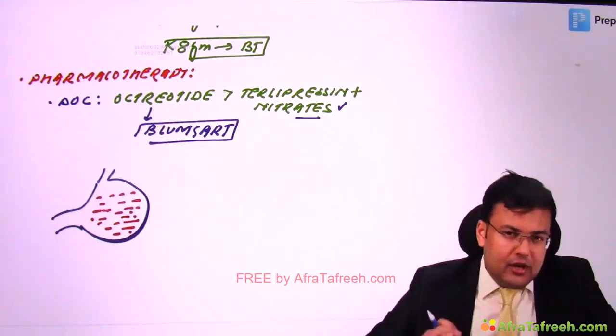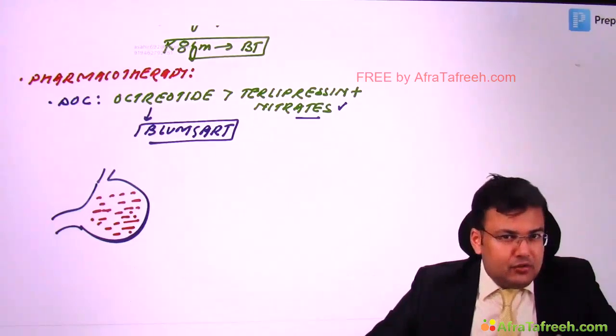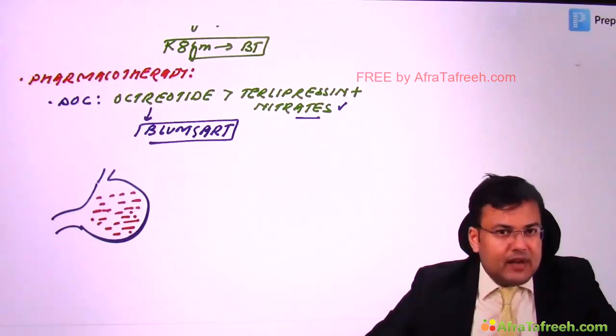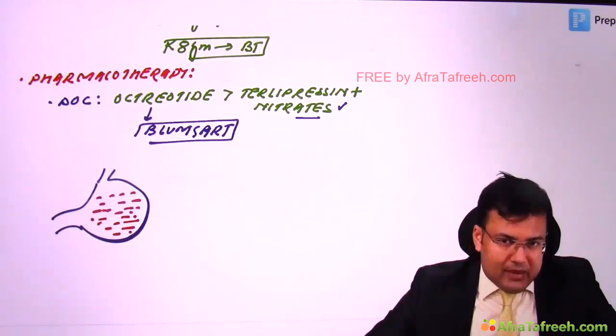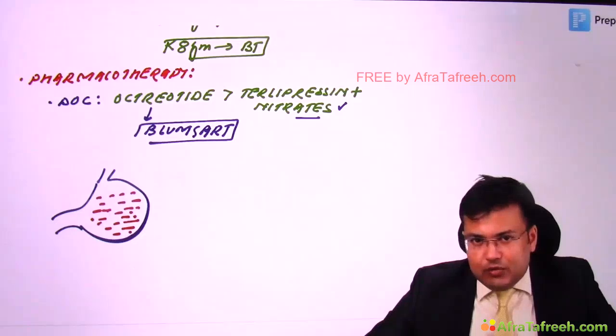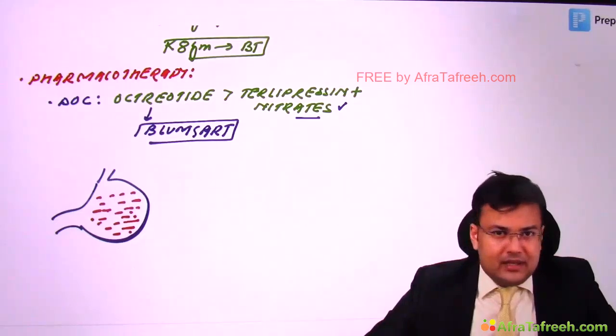Be careful, we are supposed to use room temperature saline, because use of cold saline can increase the risk of hypothermia. And hypothermia leads to reversible coagulopathy. What is that? Because hypothermia causes reversible platelet dysfunction.